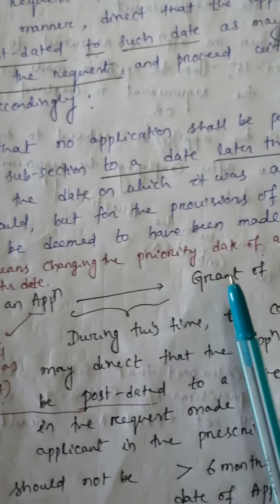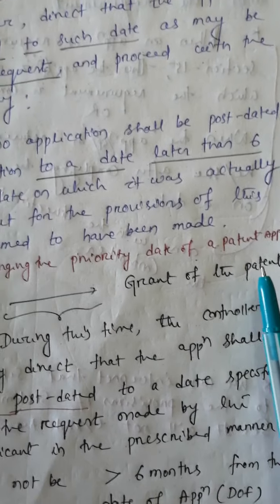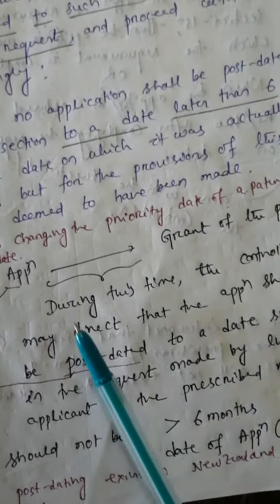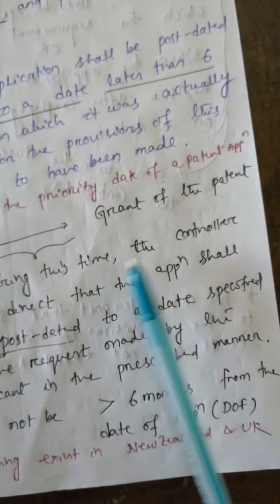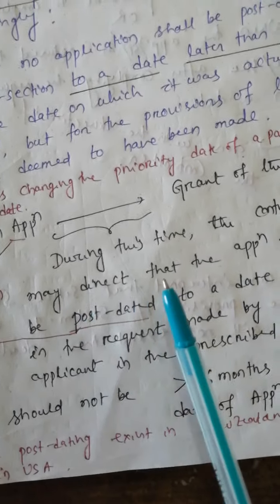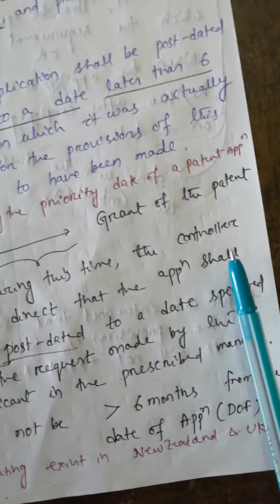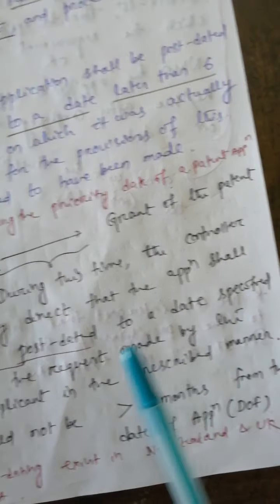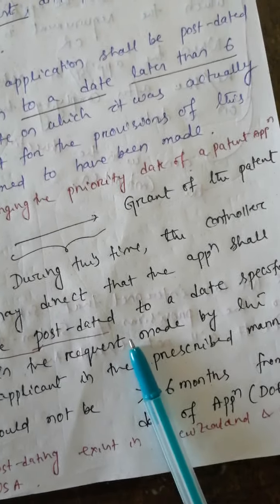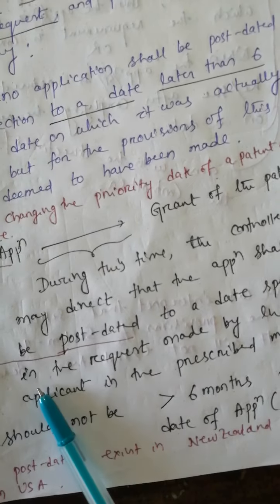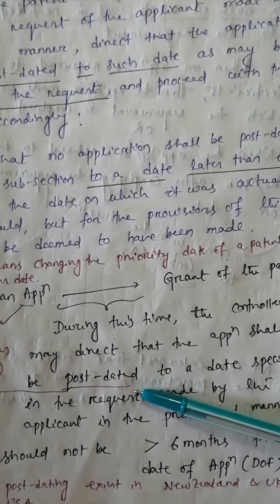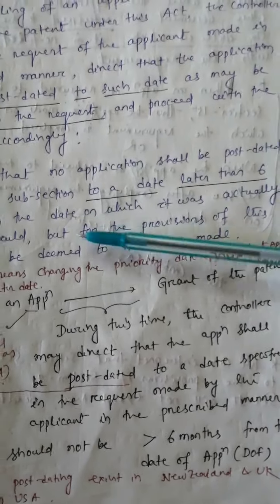After some duration, grant of the patent is happening. So, during this time period, the controller may direct that the application shall be post dated to a date specified in the request made by the applicant in the prescribed manner. This is the simple meaning of this whole subsection.